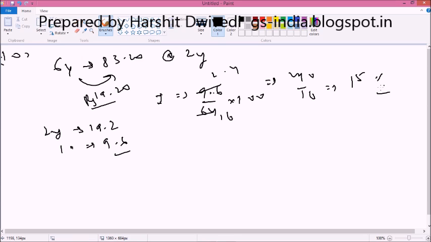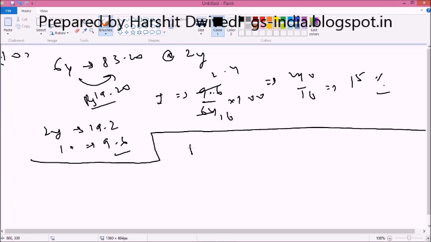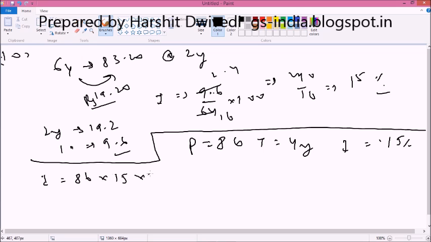Now we have to calculate how much this 15% will give as interest when the principal is 86. Now obviously, in the second case our principal is 86, the time period is 4 years and the rate of interest is 15%. So what is the interest in this case? Interest in this case will be 86 into 15 into 4 by 100. 5 5s are 25, 5 3s are 15.